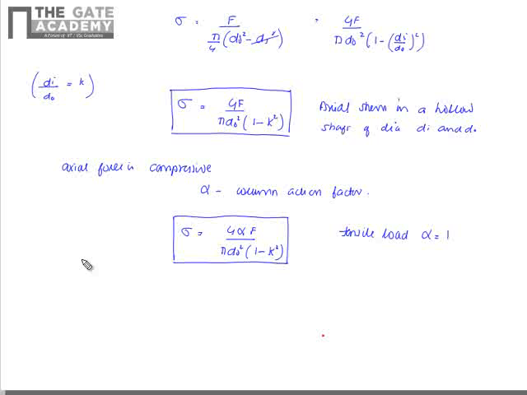So this is the axial stress coming in the shaft due to the axial force of magnitude F, where F is the magnitude of the axial force, alpha is the column action factor, which is equal to 1 for tensile load, and varies for compressive load. And do is the outer diameter of the shaft, and k is the ratio of inner diameter to the outer diameter.